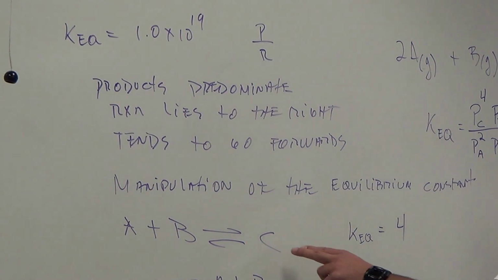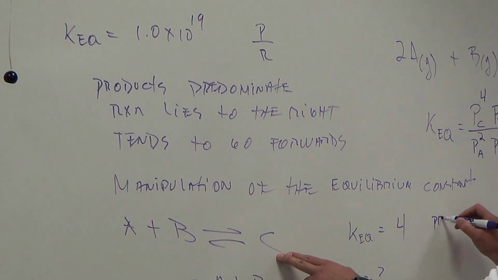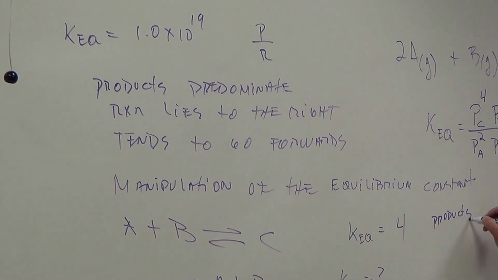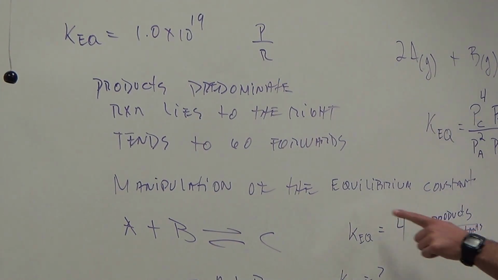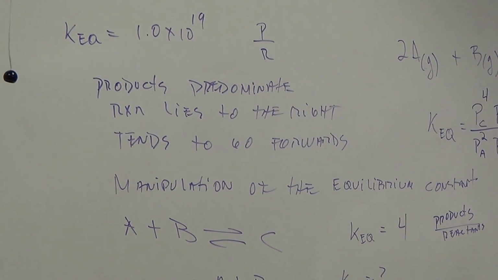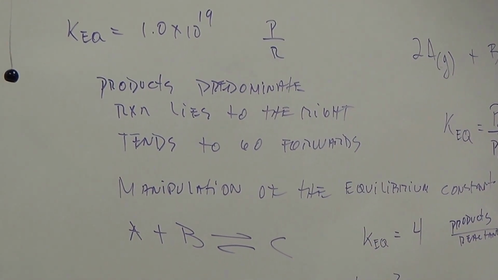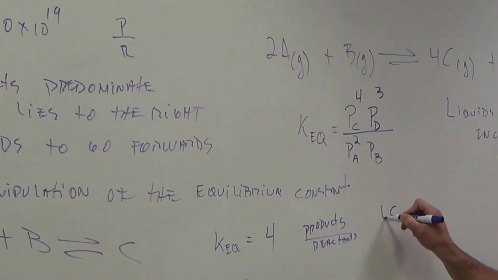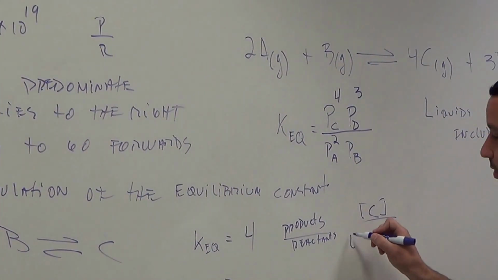But for the mathematical wizards, yes? This one is products divided by reactants, and the products here are C divided by, let's use concentration, okay? It's a gas, but it doesn't matter.